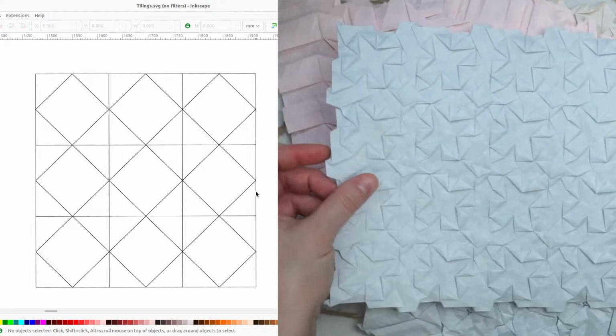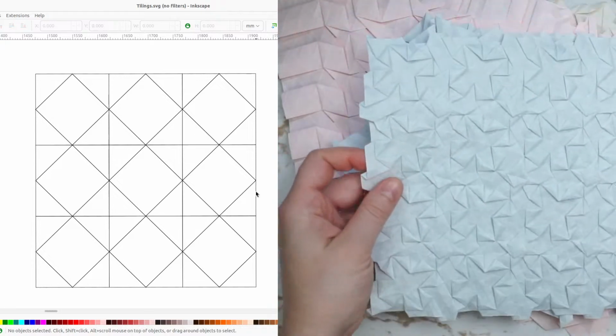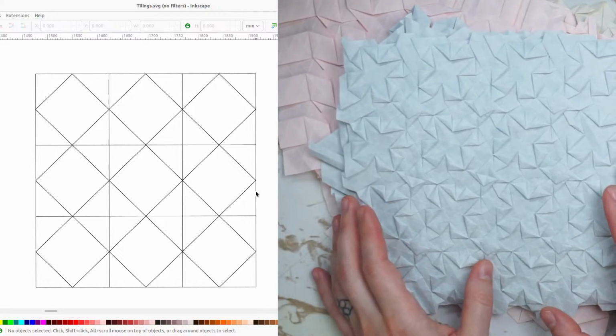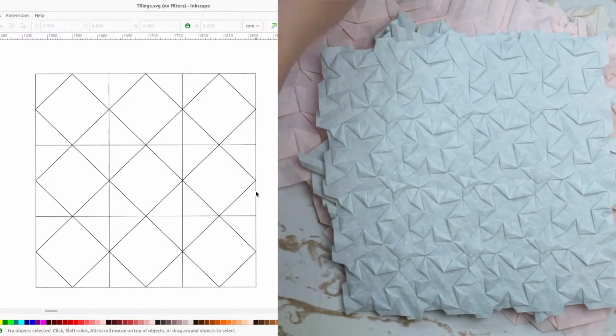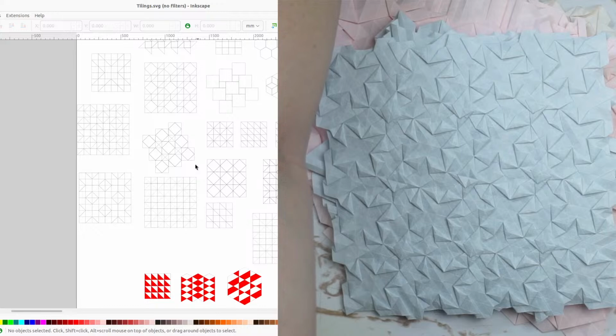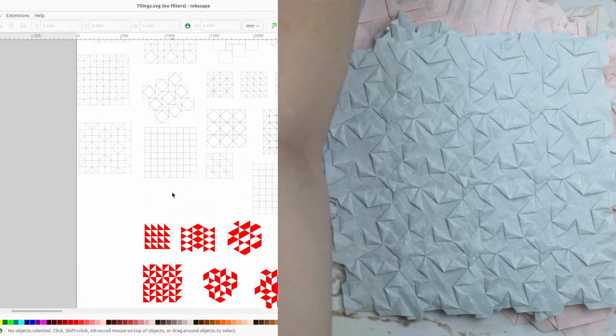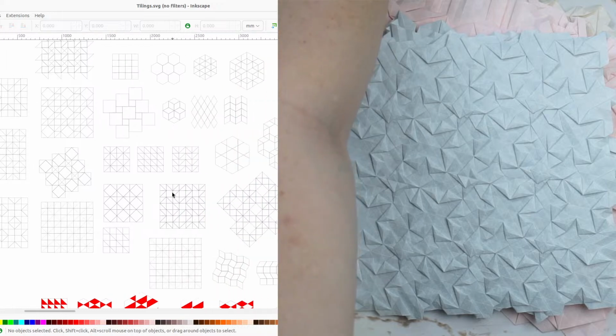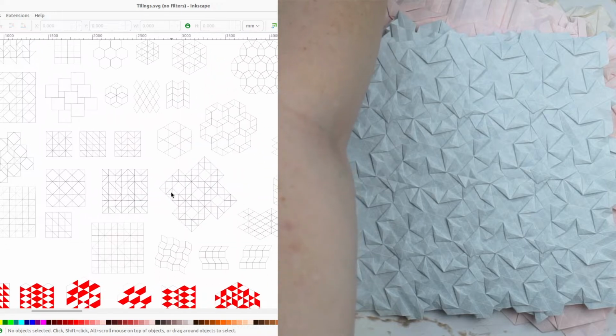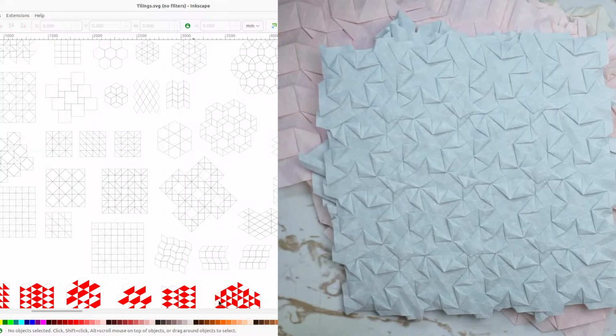In our next case, we actually have two distinct positions of right triangles. And so I'll zoom out here and go until I spot the tiling. Okay. So the tiling is somewhere on the screen.